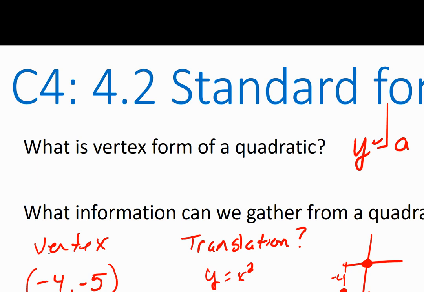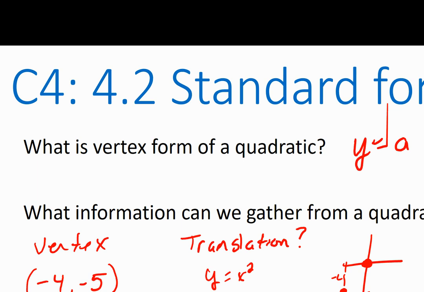What about that actual 3 value? What's that tell us? Blake? It's narrower. So that 3 tells us that we're actually going to be narrower. So again, it's counterintuitive. If it's greater than 1, it makes it narrower.